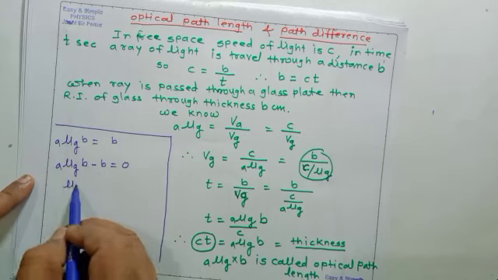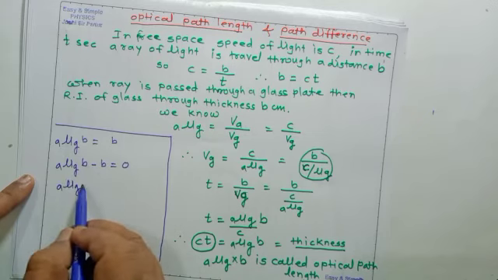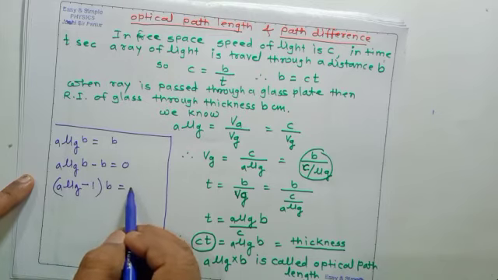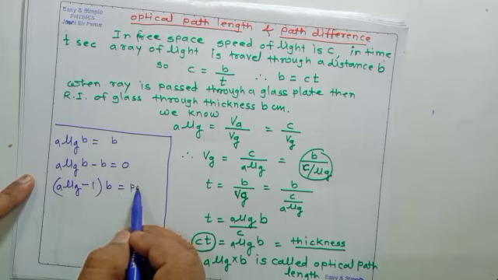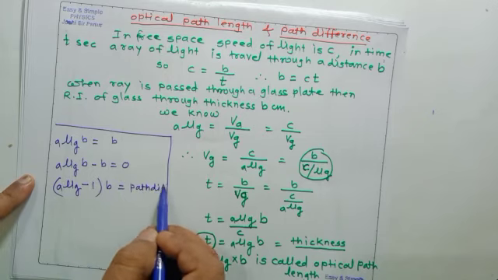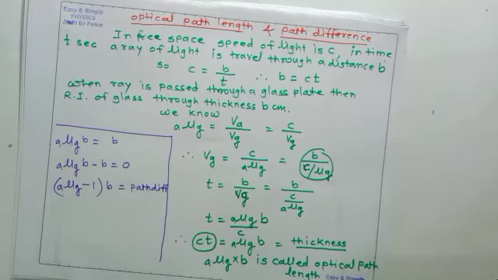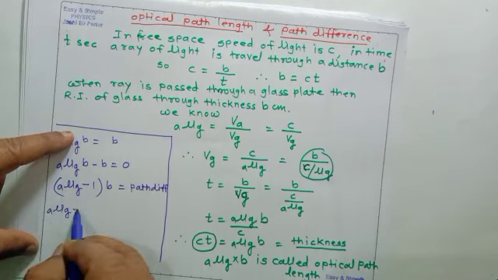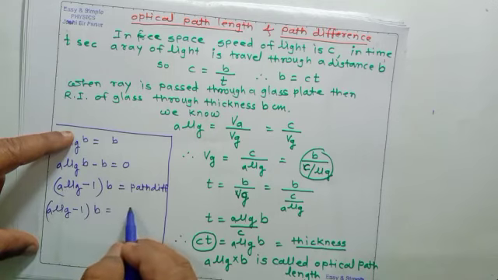That is, mu for glass with respect to air minus 1 into b will be the path difference, which is equal to x small d upon capital D.